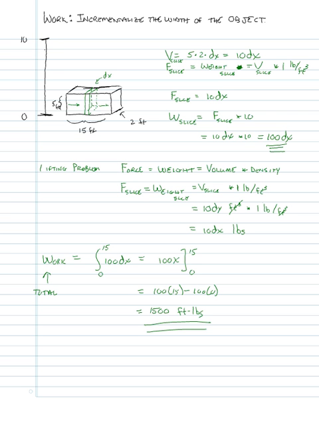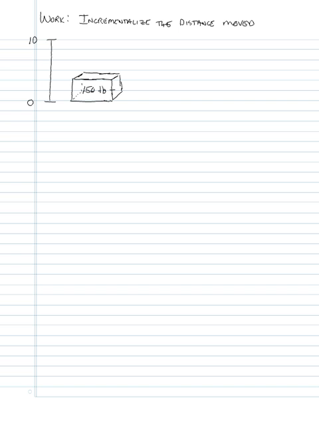Next page, we're going to incrementalize one more time before we get on to some actual problems. These are giving us an idea how we're going to set things up in the future. Okay, as I mentioned, and as you see here, I've drawn another diagram. We're going to incrementalize the distance moved. Now, in total, we're lifting that entire object 10 feet.